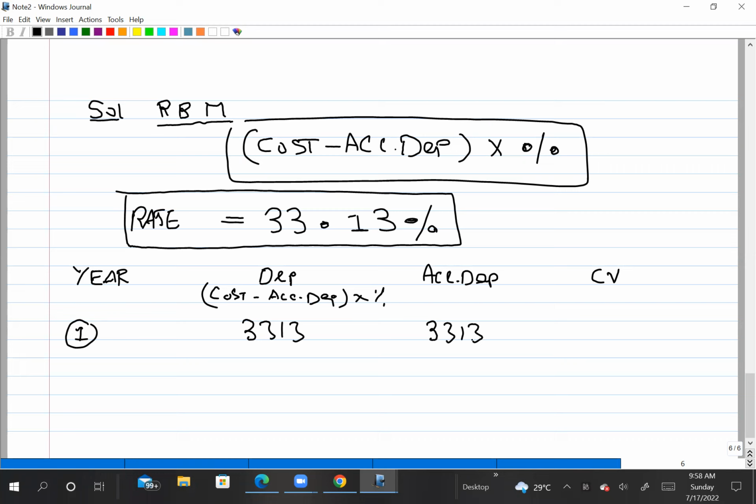And the cost of the asset is 10,000, so the carrying value will be 6,687. You get it?